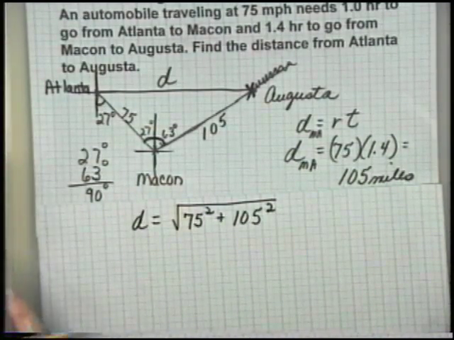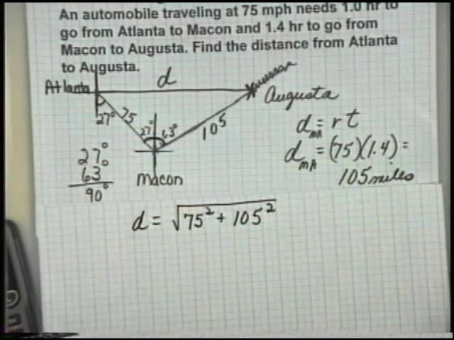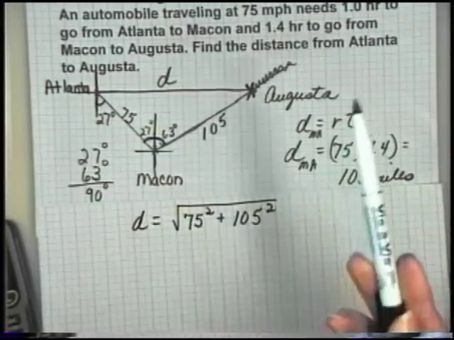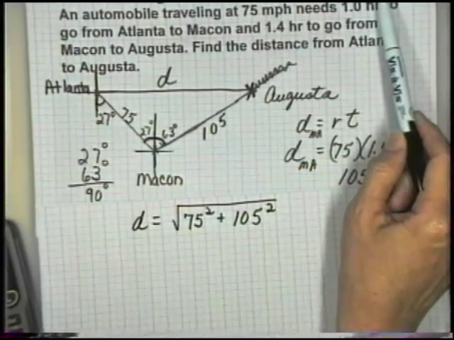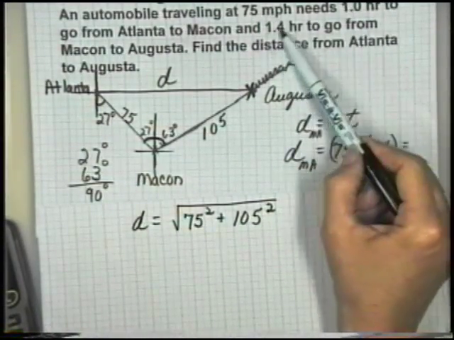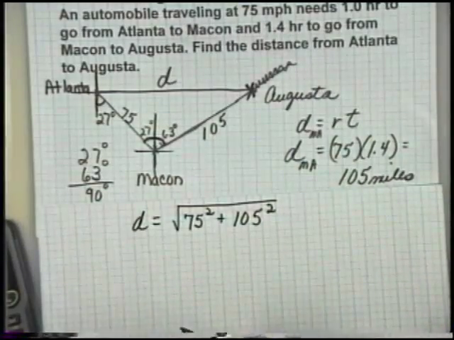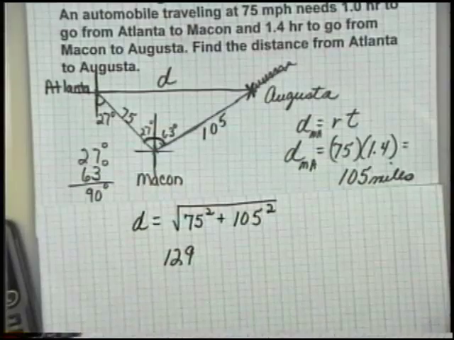We've already worked one problem like this today, and we will need to round this. And let's see what we need to round to. Well, look at what we're given. Our angles are 2 significant digits. Our speed is 2 significant digits. Our time are 2 significant digits. So we want to round to 2 significant digits.